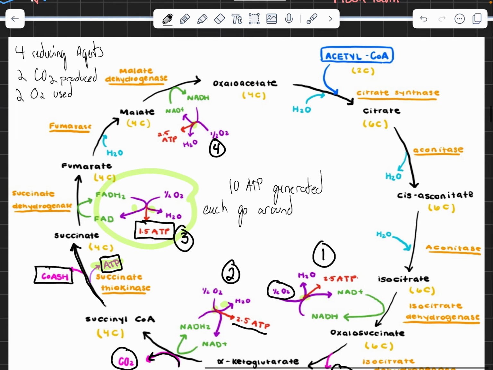So up in that top left corner, that's where we get some of those variables going. And we also get 10 ATP generated from each go around. We get about 9 from these 4 redox reactions, and then we get an additional 1 from ATP right there.